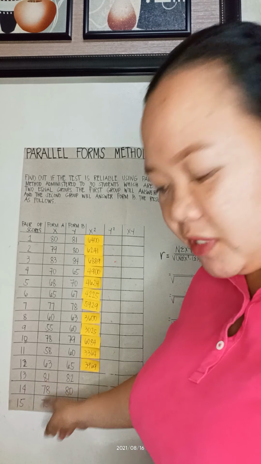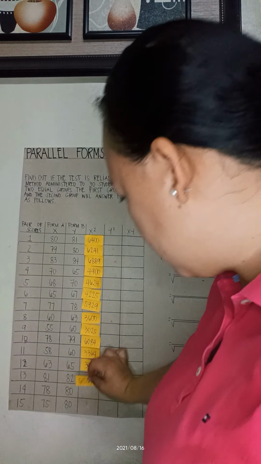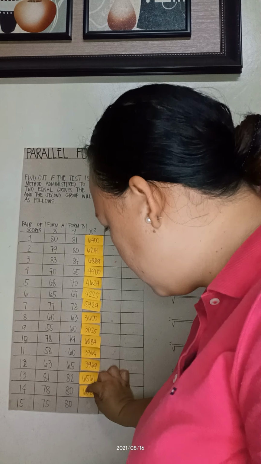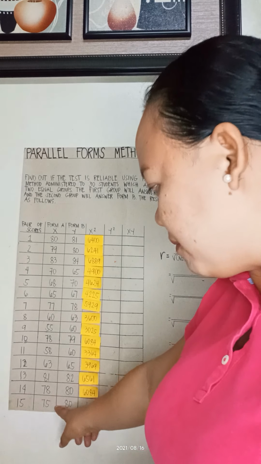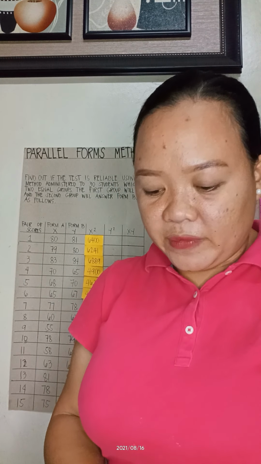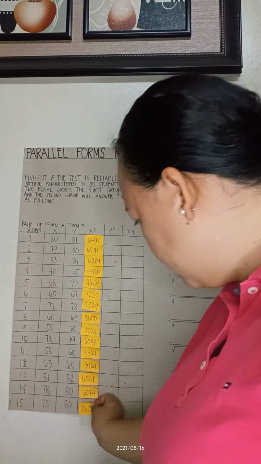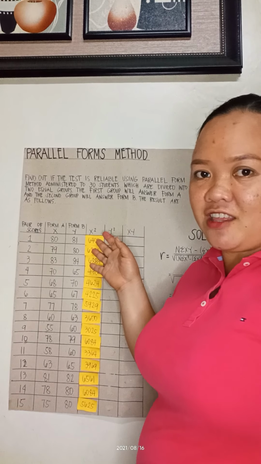Next, 81 times 81 is equal to 6,561. 78 times 78, the answer is 6,084. Next, 75 times 75 is equal to 5,625. So we already finished the x squared.